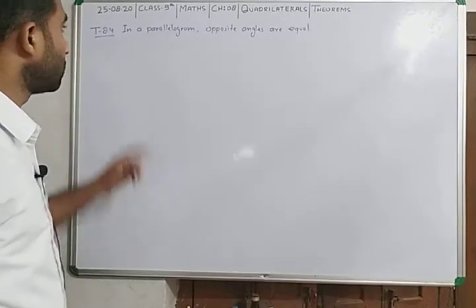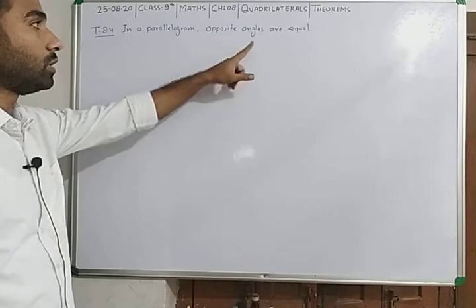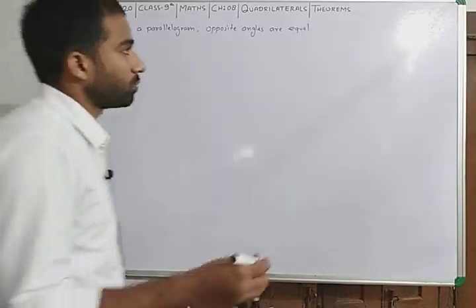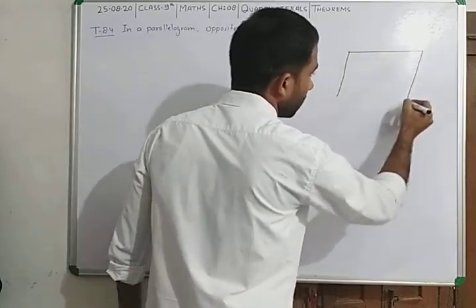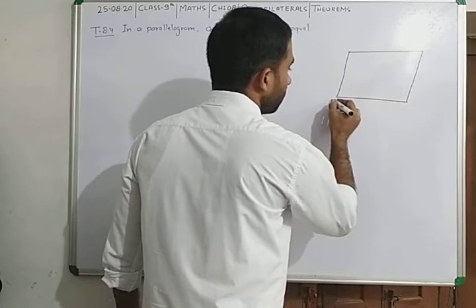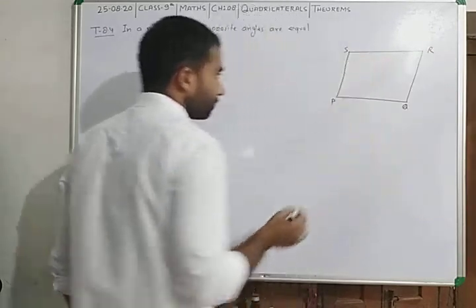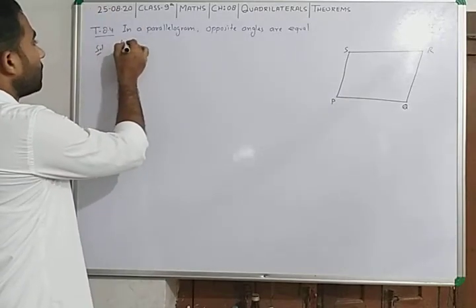Now this is theorem 8.4. In a parallelogram, opposite angles are equal. Let's see how we can prove it. First of all, we will construct a parallelogram PQRS, and we will write the given things.